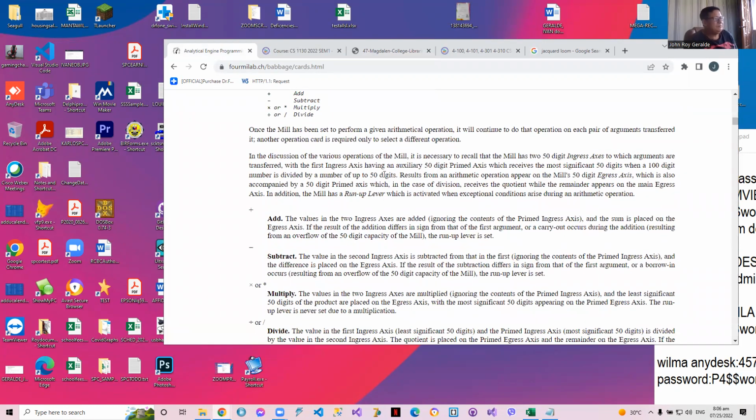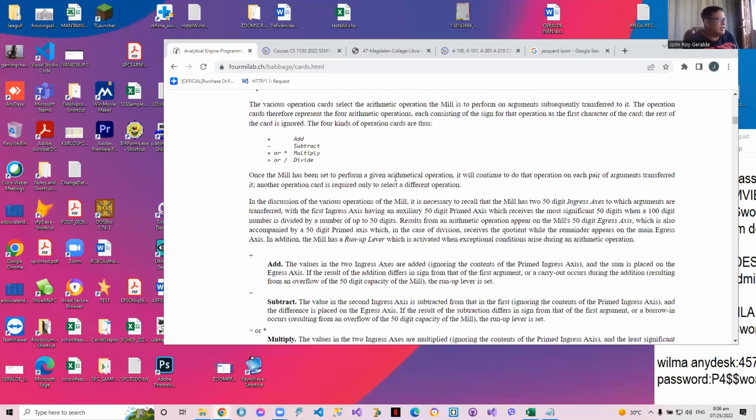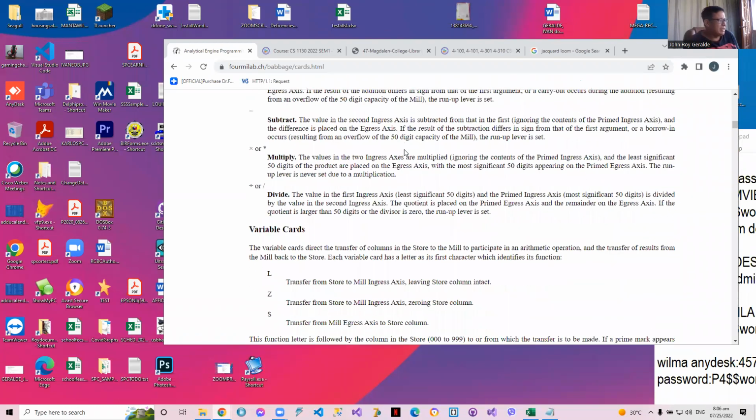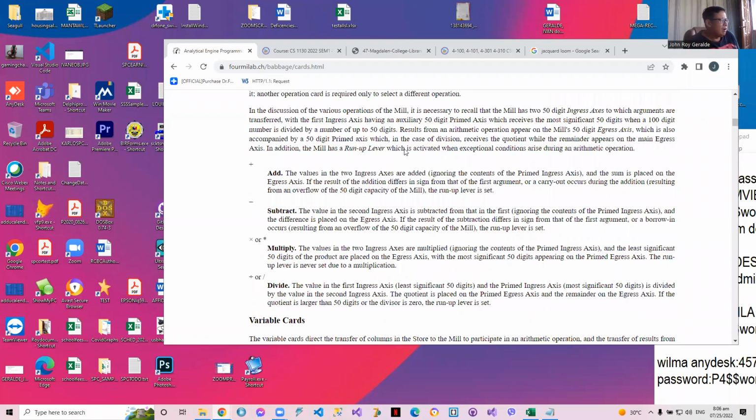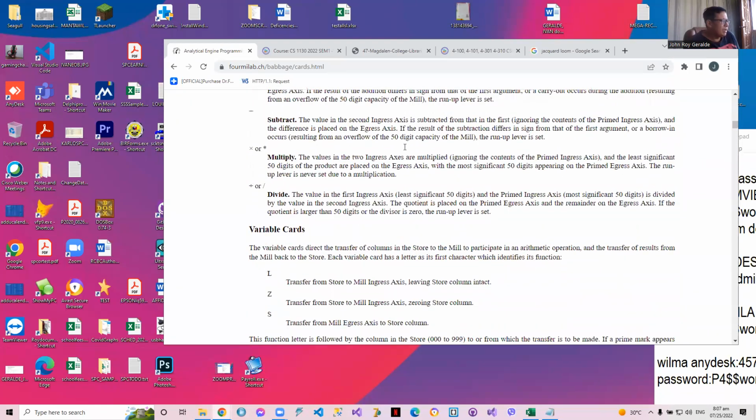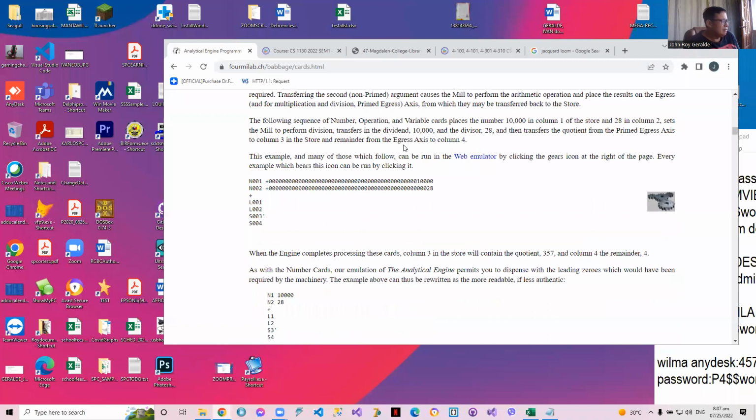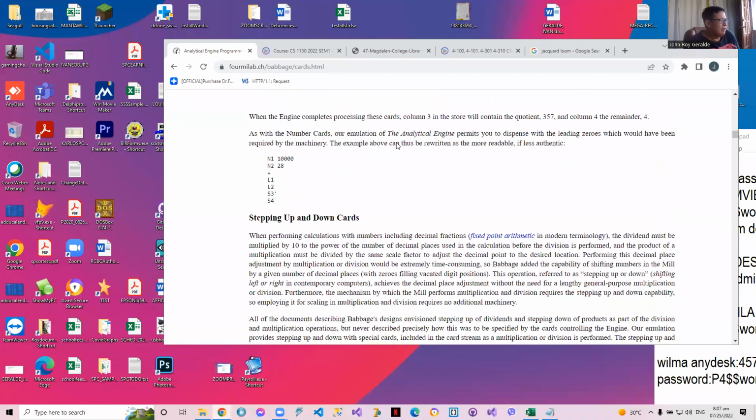Once the mill has been set to perform a given mathematical operation, it will do the operation using the pair of arguments. Here's an example: divide.